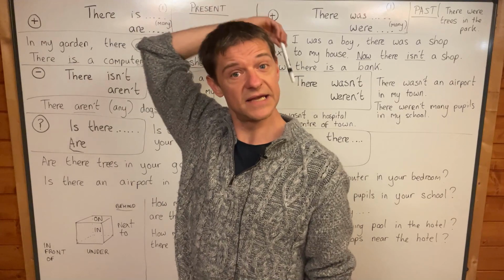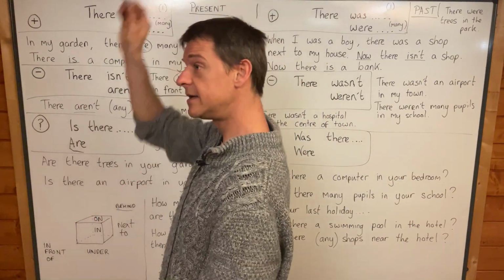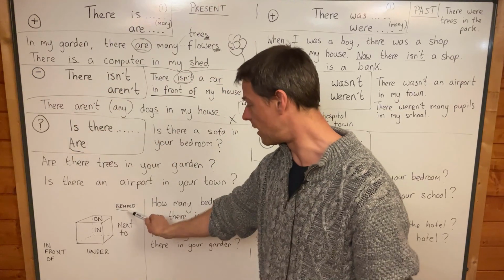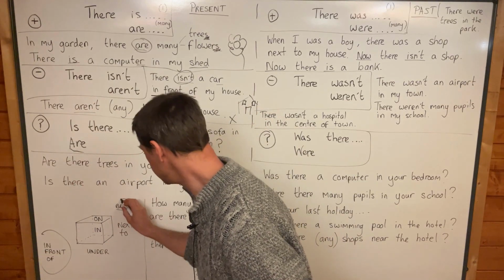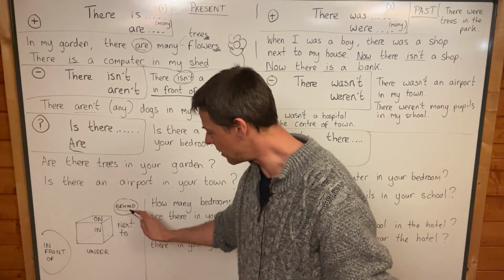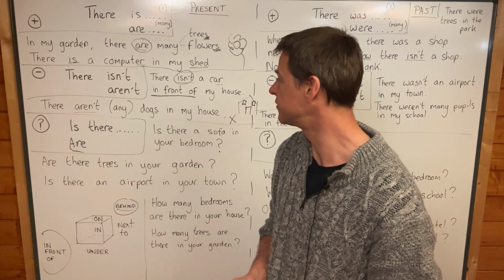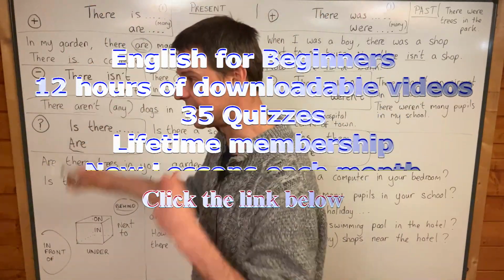My pen is behind me. Behind, in front of. In front of is here and behind is here. Behind the box, in front of the box. The pen is in front of Dave, the pen is behind Dave.